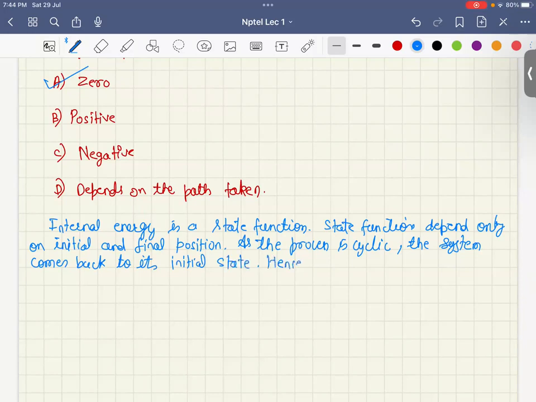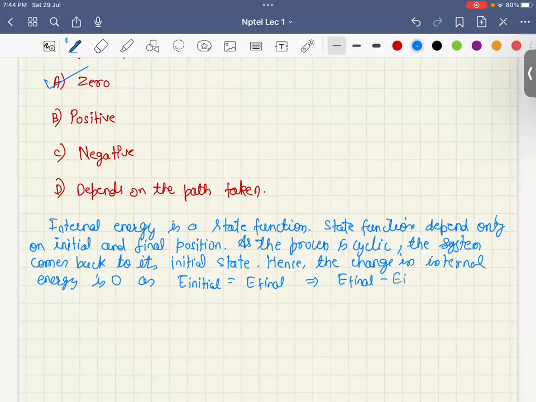Hence, the change in internal energy is 0, as E initial is nothing but E final, because of which E final minus E initial is nothing but 0.